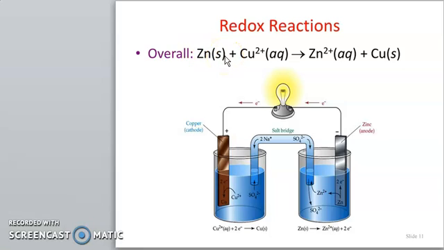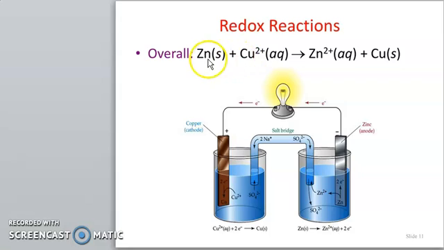When the reaction takes place, the zinc has a 2+ charge and copper is in solid form. This means zinc is oxidized and this copper 2+ is reduced. Zinc oxidizes and copper reduces.